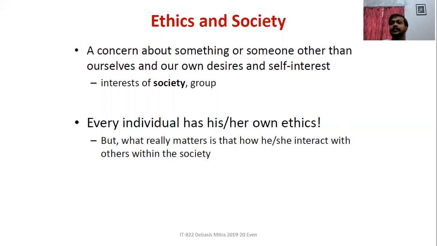You cannot keep your ethics within yourself. It's not like some property that you can keep within yourself. So going beyond your self-interest, how you act or react to certain incidents and plan your act, that informal guideline is basically ethics.